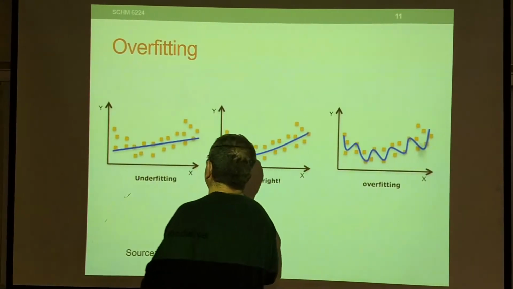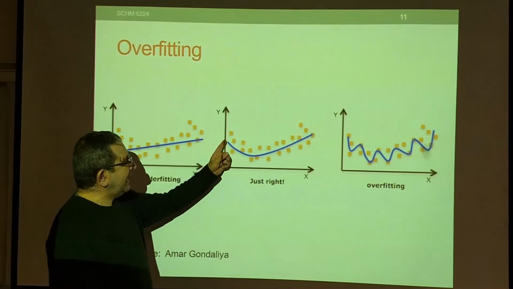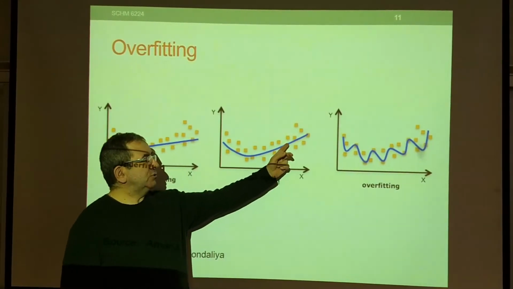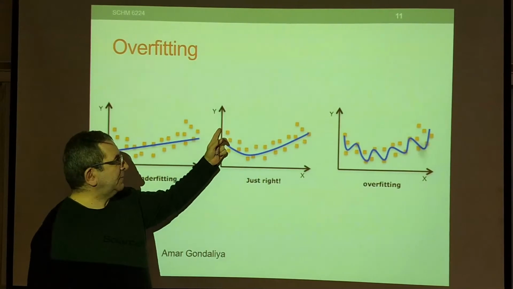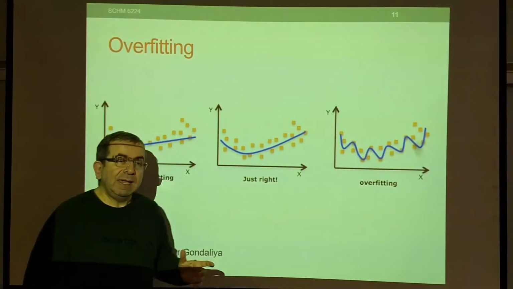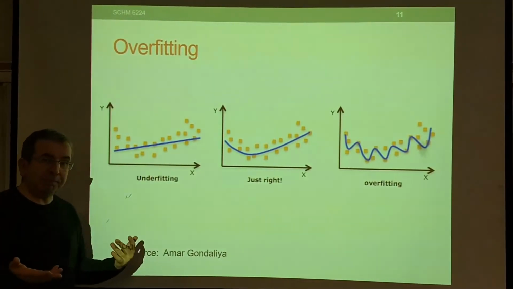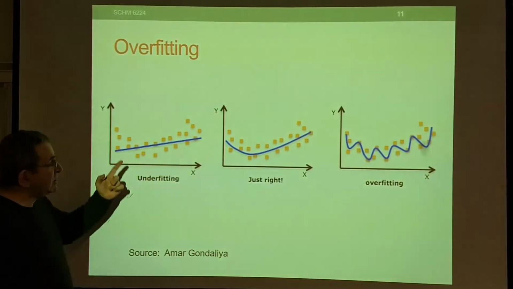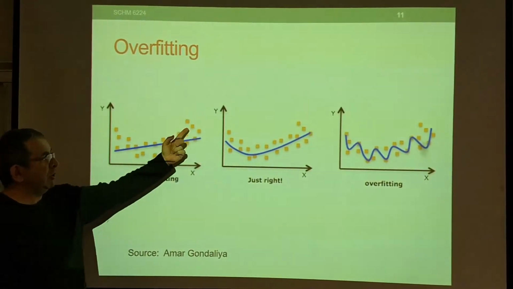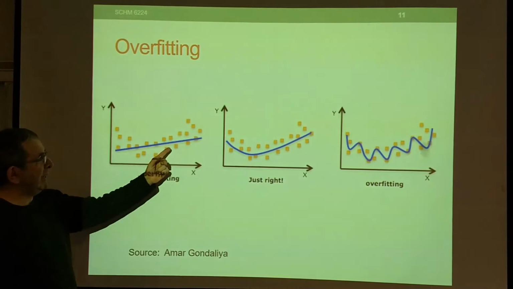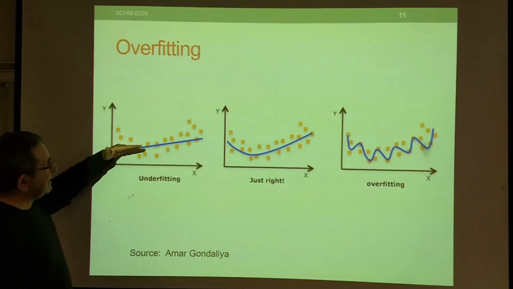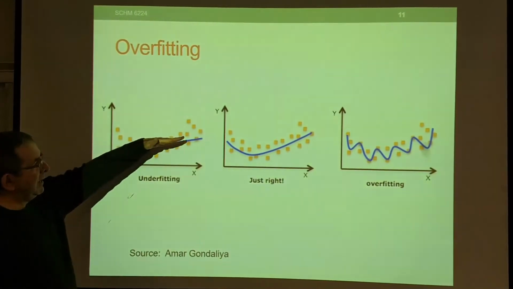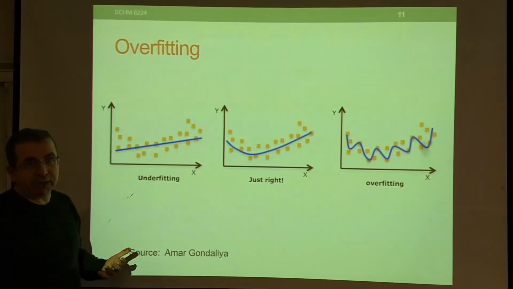Let's say you have data that shows you a U-shaped relationship, something like this. Now, if your model is too simple, it's not going to capture the curvature here. It's not going to capture the U shape. So if you use a simple model, which is a straight line, that's underfitting.